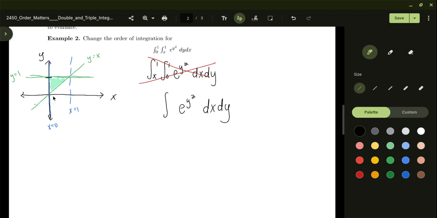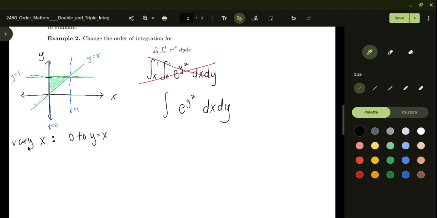So I can vary x from 0 to, instead of x equals 1, this line y equals x. So 0 to y equals x. And this is how we're going to vary x.